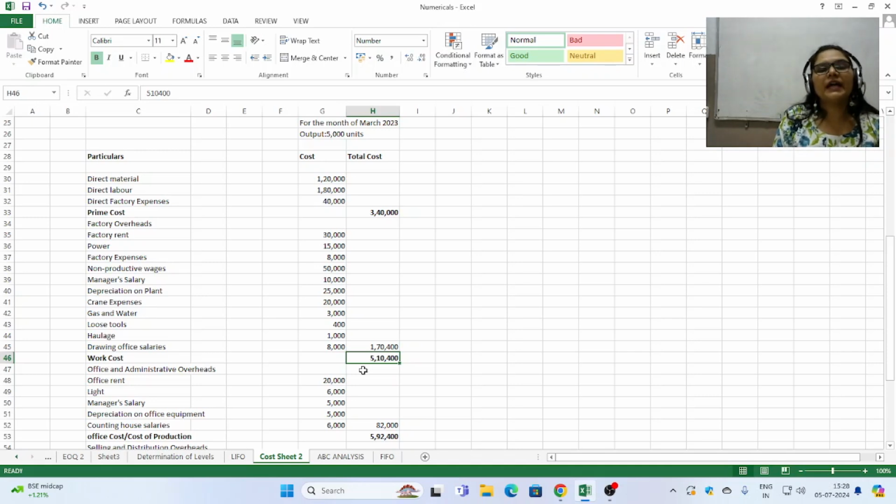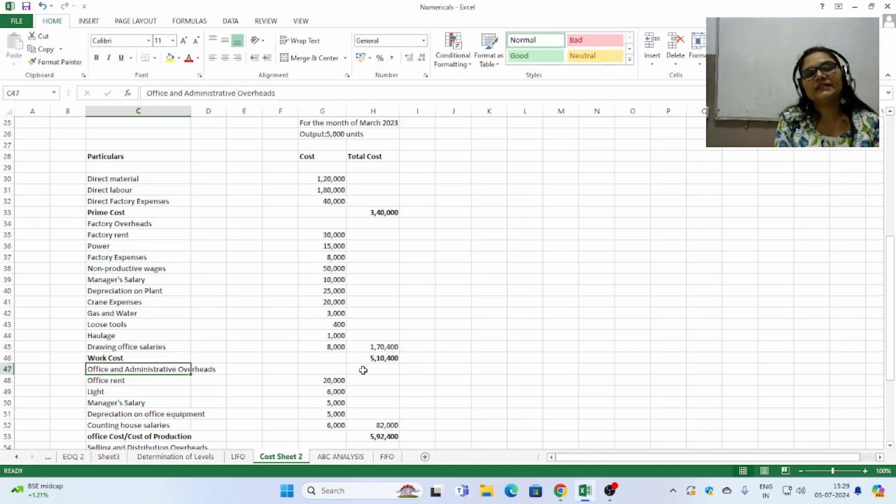After we get the work cost, we add all the office and administrative expenses. Office and administrative overheads are the expenses incurred in the administrative tasks and responsibilities of the firm. Here we have office rent, light, manager's salary, depreciation on office equipment.